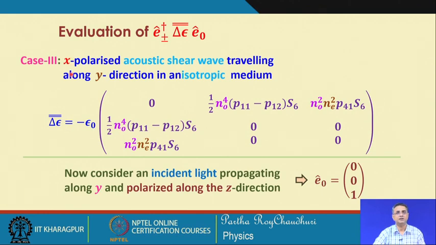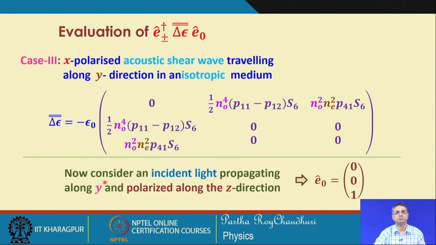Now, under this situation we consider a case where the optical beam is incident, propagating along y and polarized along the z direction. A different situation. The direction of the acoustic wave is x, so the optical wave will be perpendicular to this.